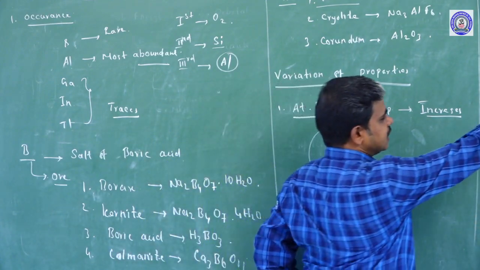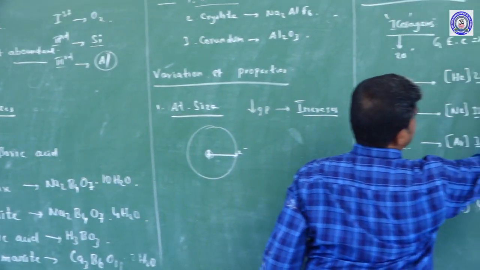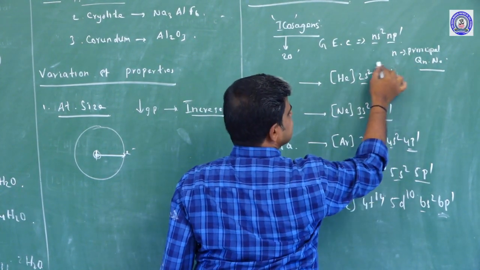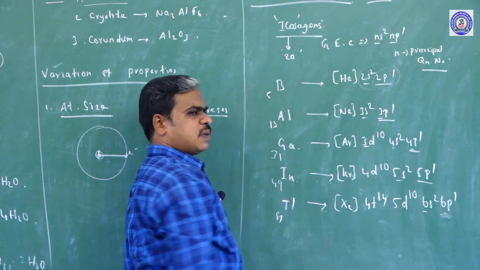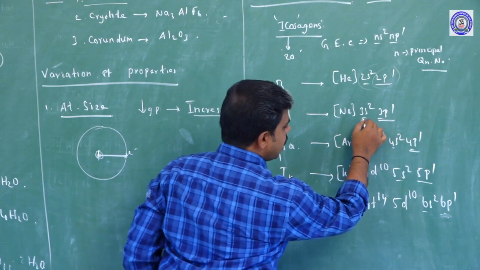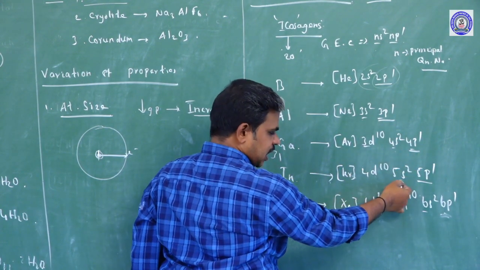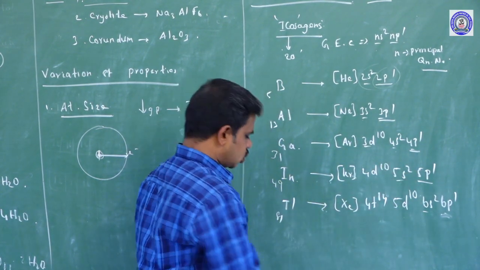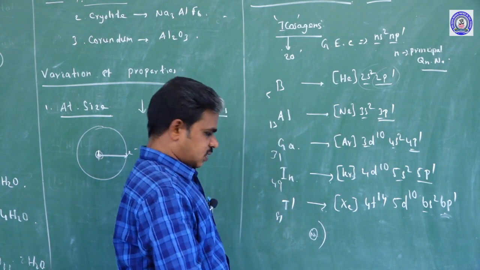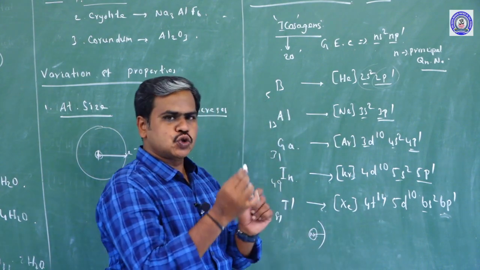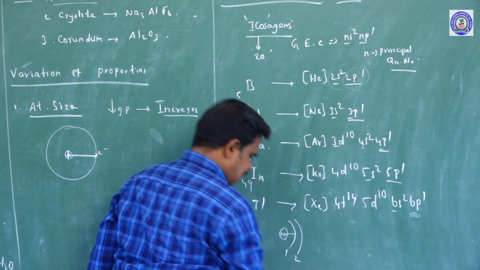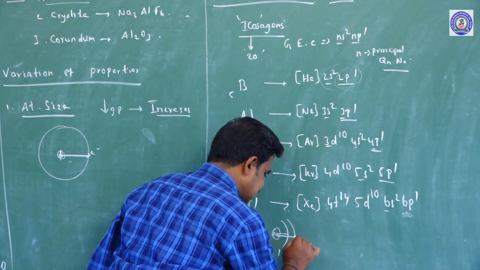Atomic size increases. So the additive electron, what is it? The last electron goes into the 2s, second orbit. Now it is the third orbit, fourth orbit, fifth orbit and sixth orbit. If you take the nucleus and the first orbit, the distance is smaller, and then the second orbit, the distance increases.